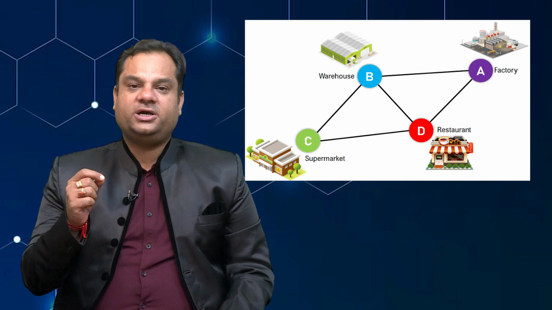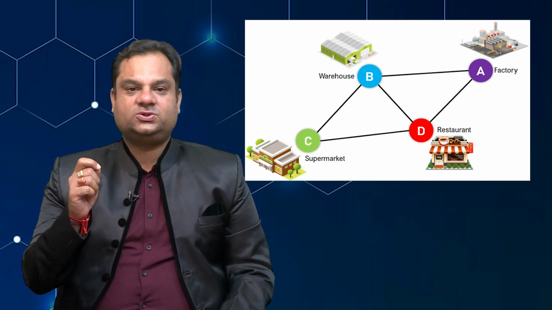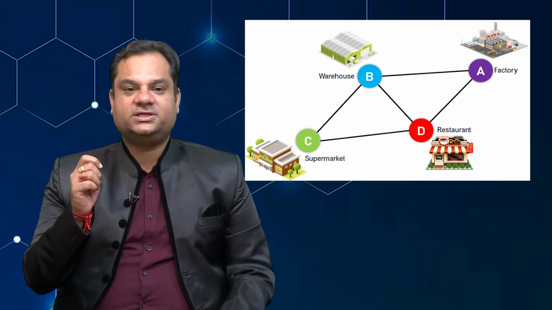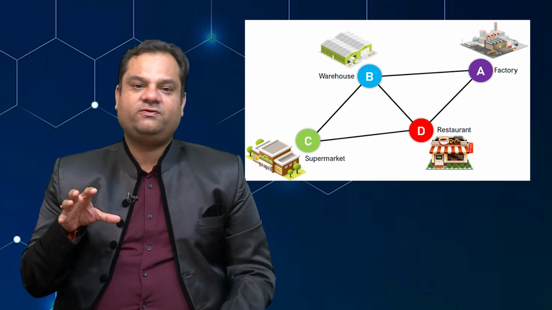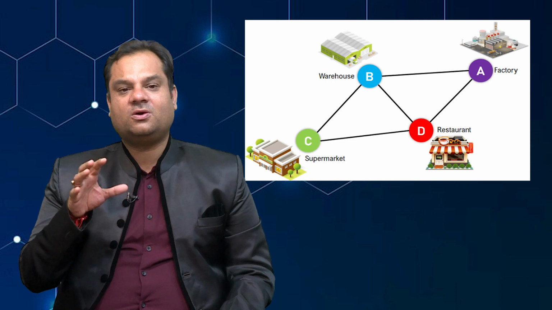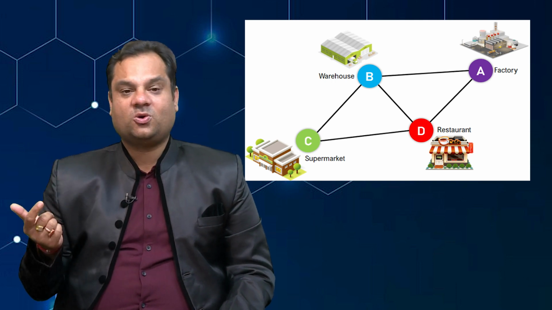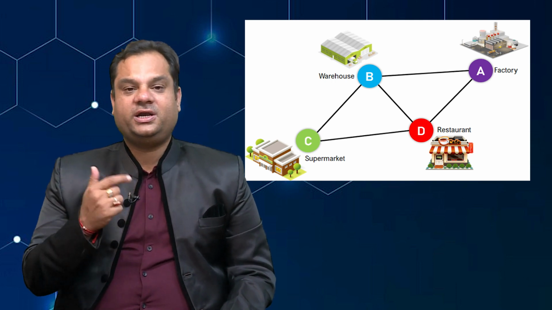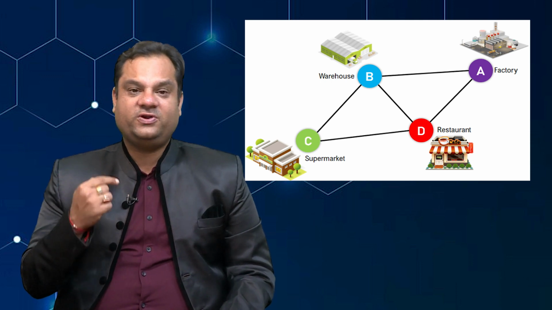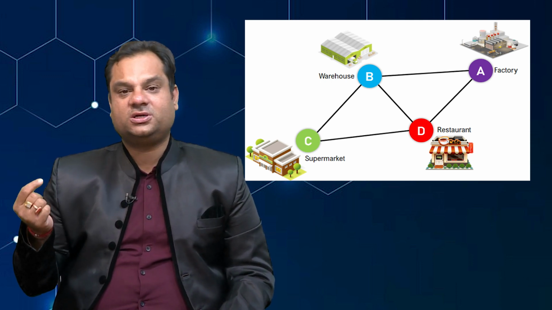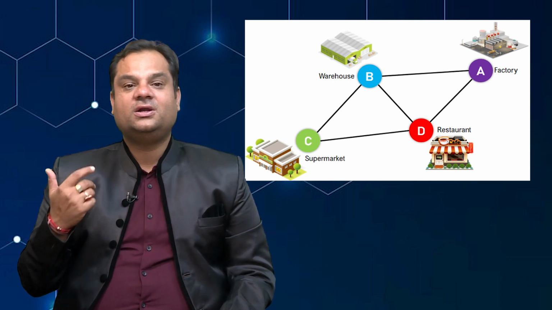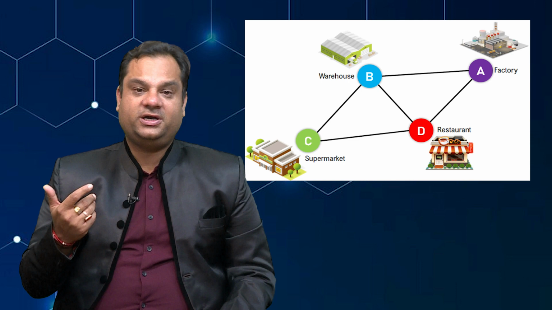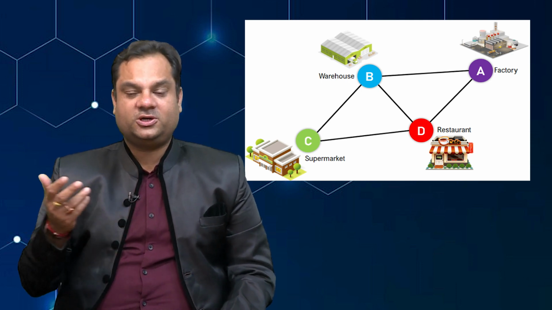From this diagram you can understand there is one factory, a restaurant, a warehouse, as well as a supermarket. As per the customers and the density of users, we understand which kind of items will be required in the supermarket, and how we transport that particular product from one place to another, how many employees are working in the factory, what the demand is there, and which type of warehouse we need for that particular area.